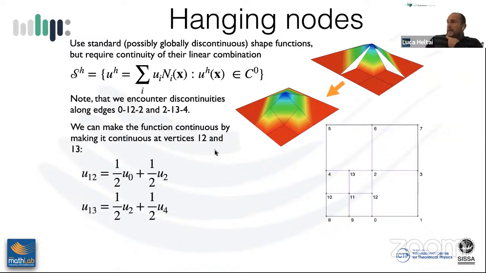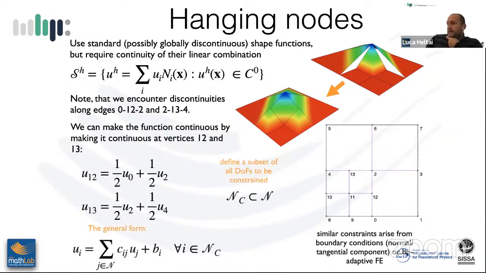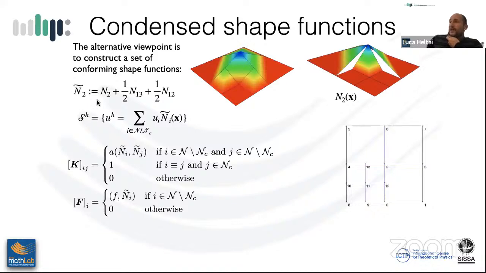Okay, so in this way, this is exactly the form that we had before. In the general form, you have these types of equations. You define the subset of all the DOFs to be the ones that are constrained, and you solve for a different type of shape functions. So you don't solve for the original shape functions. You solve for Ñ shape functions, which are linear combinations of the previous shape functions.